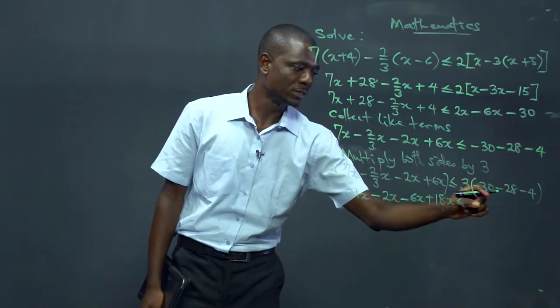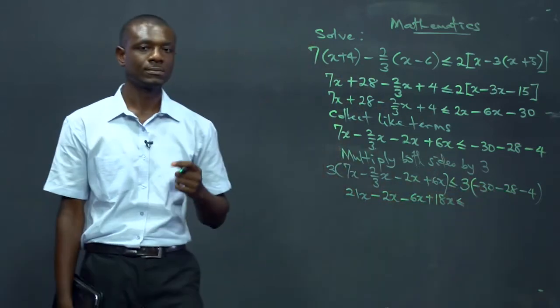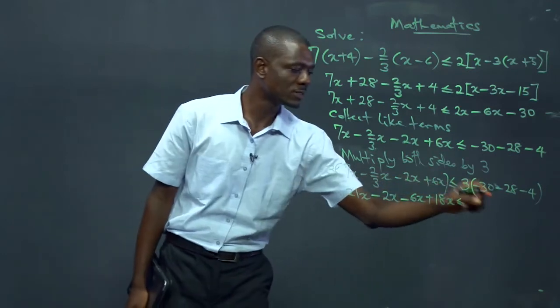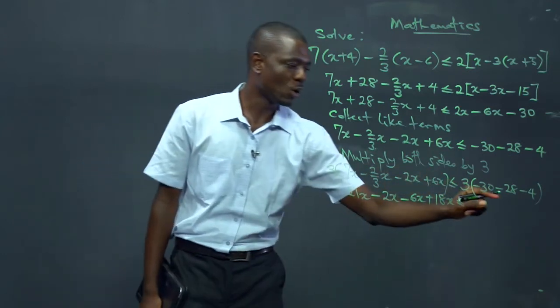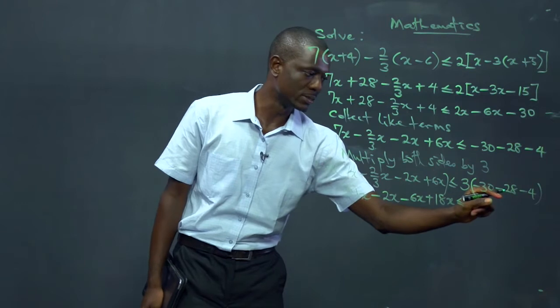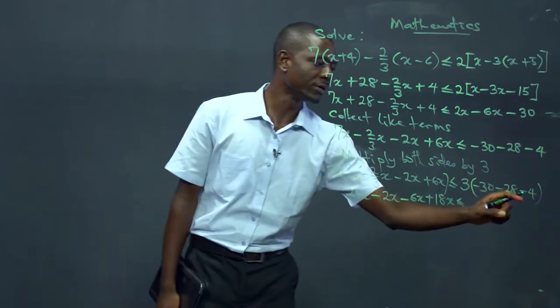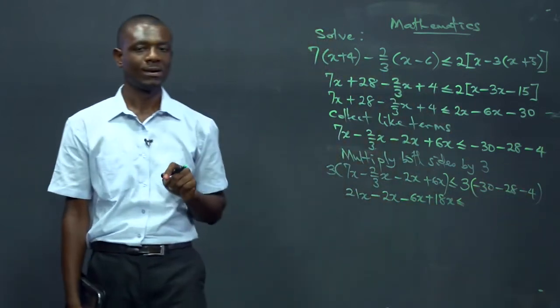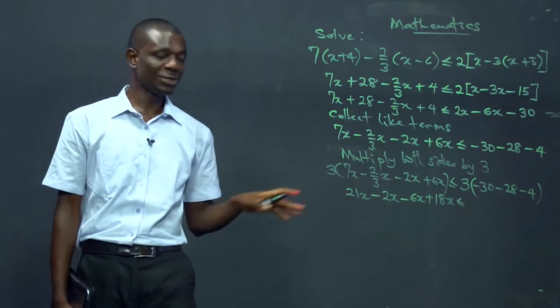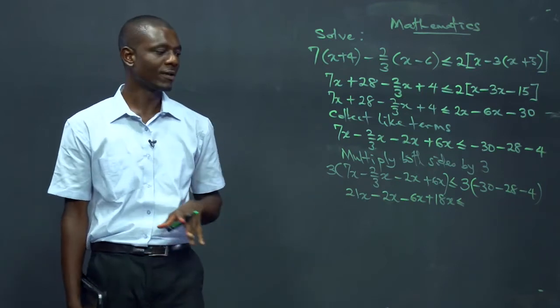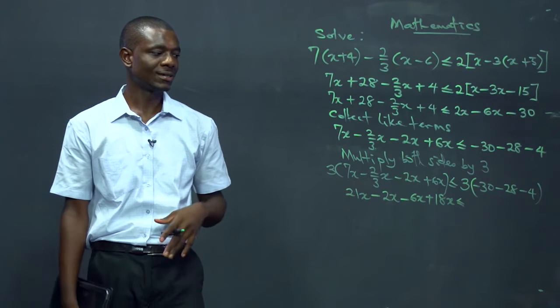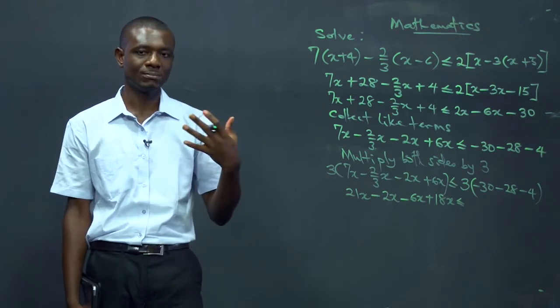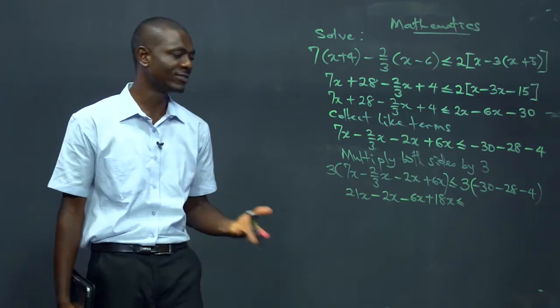So this here means you are owing 30 naira. If you are owing 30 and you are owing 28 and you are owing 4, does this mean you have money or you are still owing? I want to think that if you are owing three times, then as long as you've not paid, you'll still be owing, right?